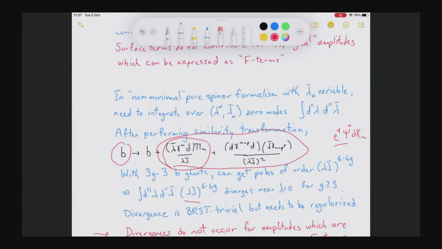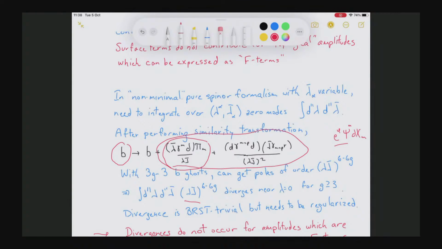String field theory in the pure spinor formalism has some difficulties, mainly because of the pure spinors. It's not difficult to describe the classical string field theory action, which Martin spoke a little bit about. You can write down an action of something like phi Q phi plus phi cubed using the pure spinor formalism.